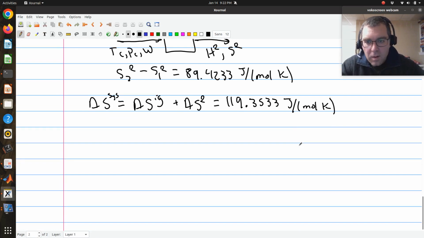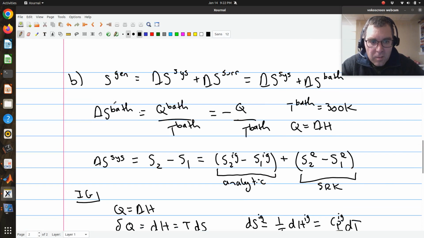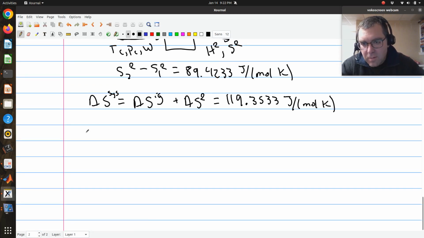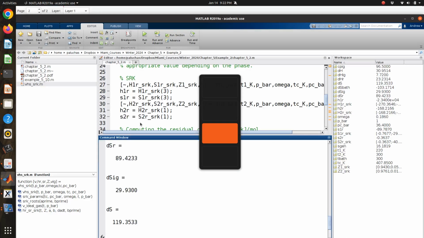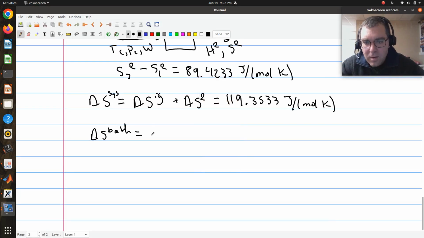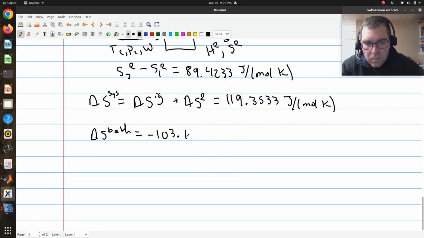Great. And then my entropy of my bath, which we had up here, but let me write it down here so that I have space. Delta S bath is negative 103.1714 joules per mole Kelvin.